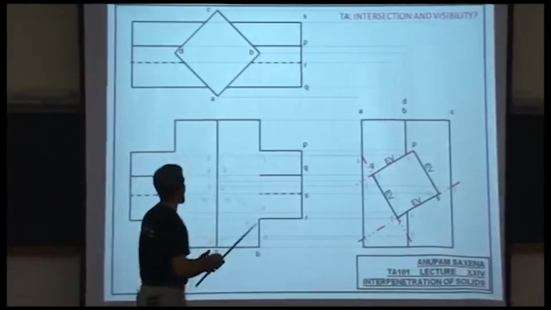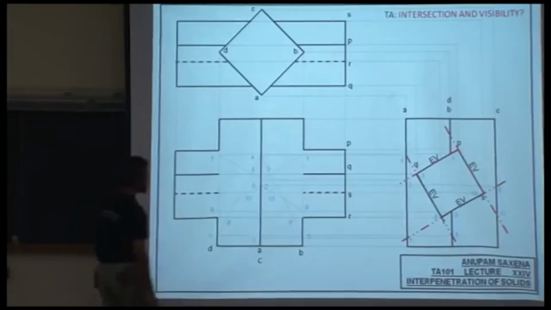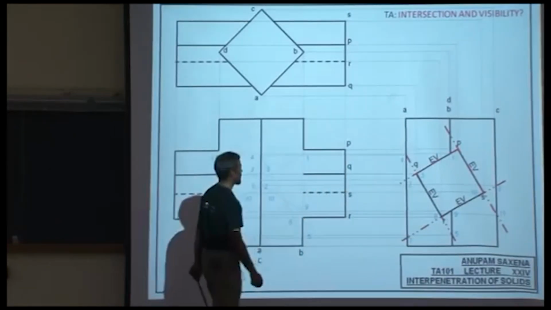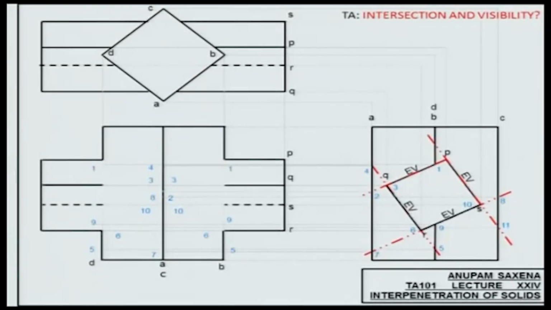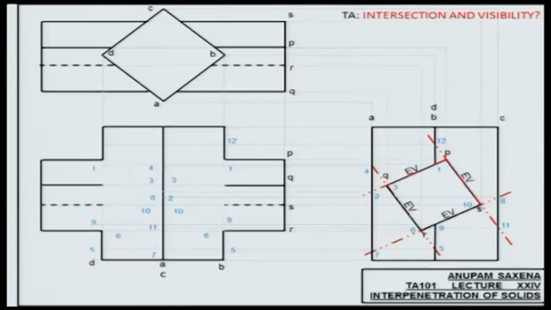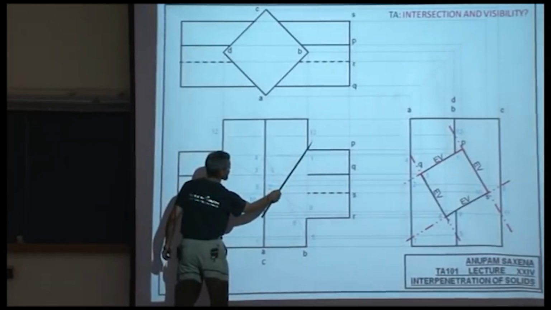And the final thing, extend PS, identify that intersection point as 11, this one as 12. Project 11, 11 is going to be lying on the back side of the vertical prism C, and 12 will be lying on B and D. Join 11 and 12, or maybe join 10 and 12. In fact, they would essentially happen to be on the same straight line.